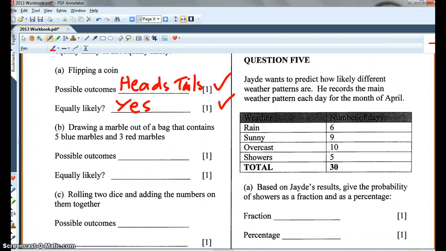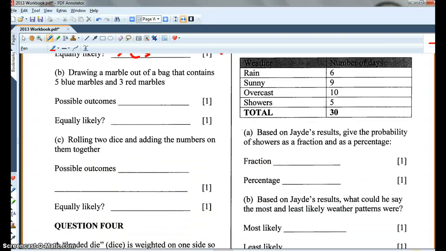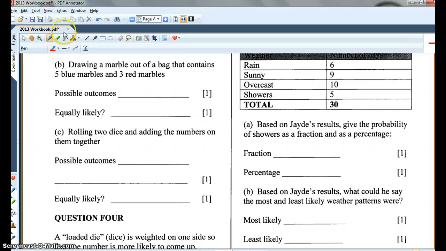Drawing a marble out of a bag that contains 5 blue marbles. So I'm just going to go 1, 2, 3, 4, 5 and 3 red marbles. 1, 2, 3. Okay.